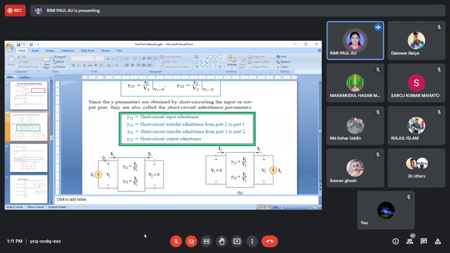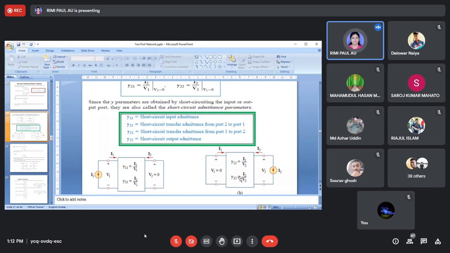The ultimate target is to find out I1, I2 and V2 for the first circuit, and for the second circuit I2, I1 and V2. So you will find out Y11, Y21, Y12, Y22, theoretically as well as practically. For three figures, you have to do it.